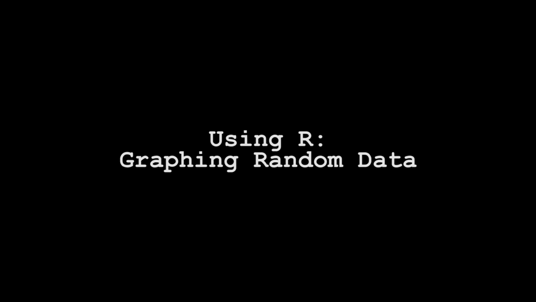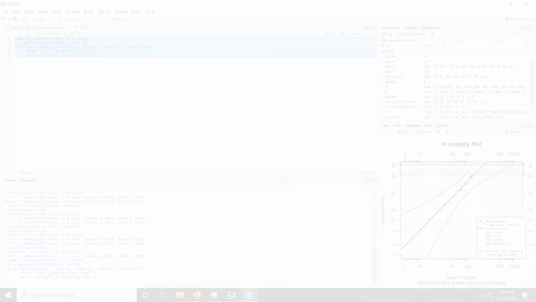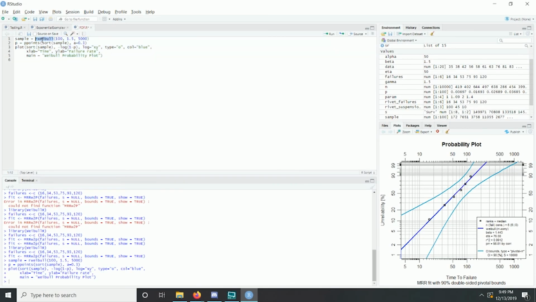All right, so lastly, we're going to plot a sample of random data. We're going to get our sample, and we're going to use the rWeibull function, with a sample of 100. Our shape parameter is going to be 1.5, and our eta, our scale parameter, is going to be 5,000. We're going to do ppoints, and it's going to be sort our sample, a equals 0.3, and this will get a random sample of 100 data points.